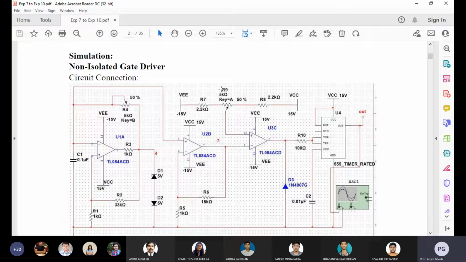Now we are comparing it with the triangular one, so we have to use a scope. Why is the scope required? We need to see both terminals, and for each terminal see the pattern of the waveform, how it is coming. If the DC voltage is beyond your triangular waveform, there will be no comparison, so PWM will not be generated.